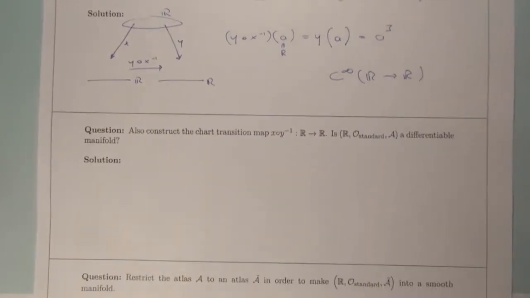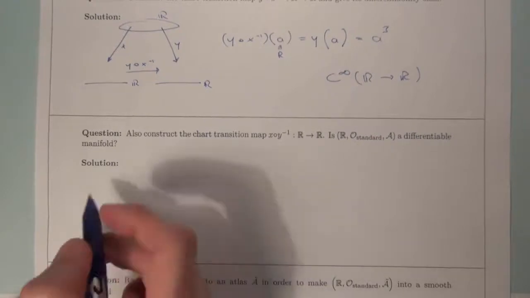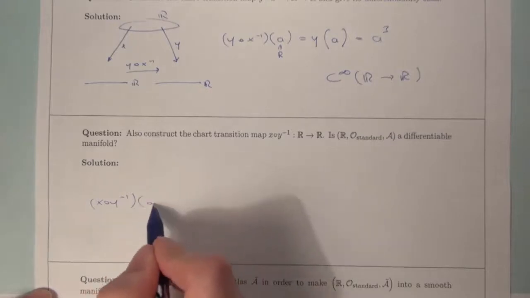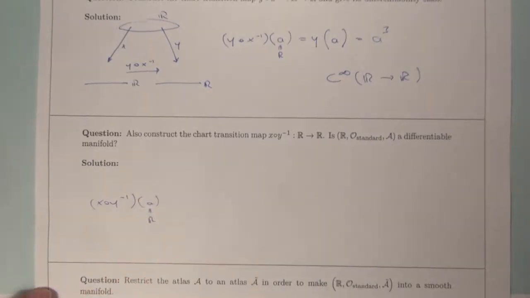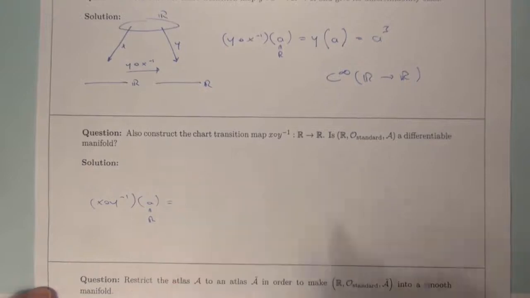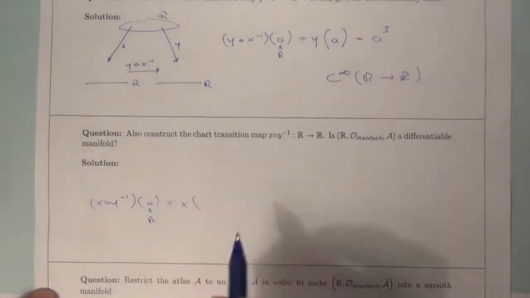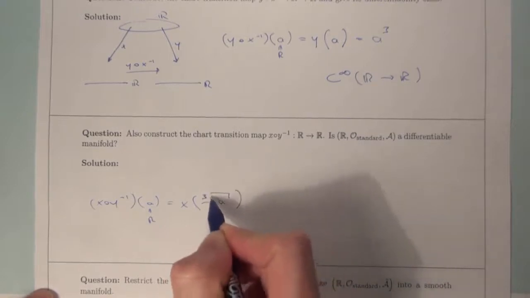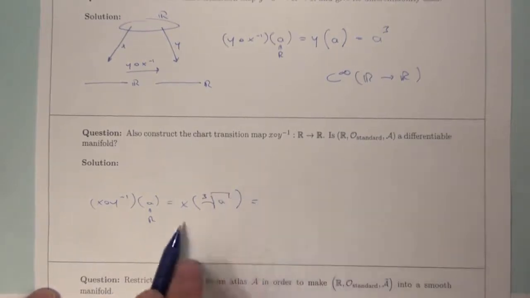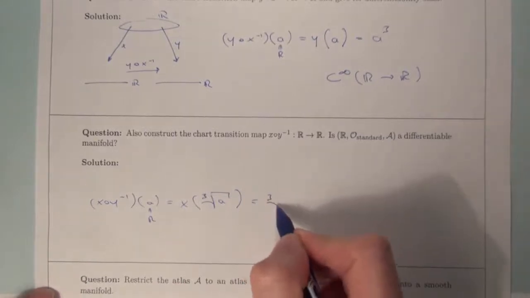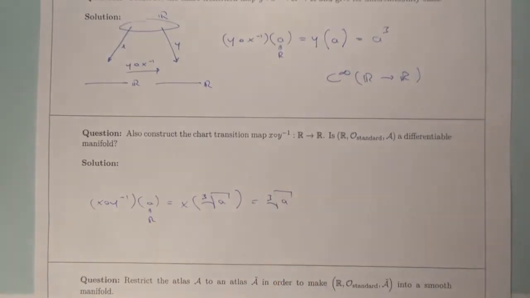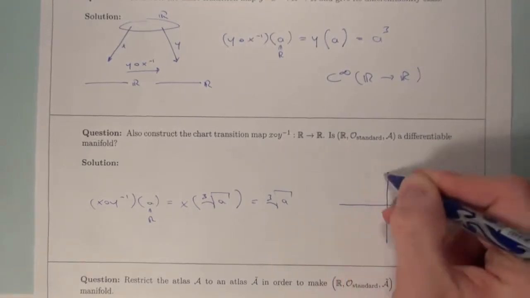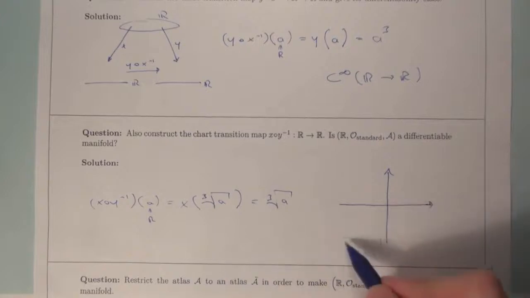Now we consider the other direction. So we are constructing x after y inverse, plug in some a that lies in R. This is now given as x of y inverse, which is the third root of a. And the map x does nothing, so that's what remains. We may draw this in order to judge the differentiability class, and the picture is the following.